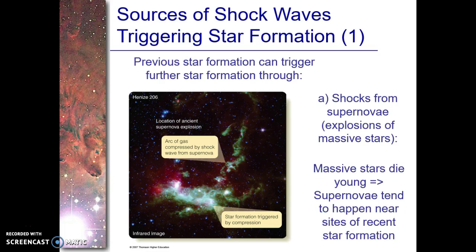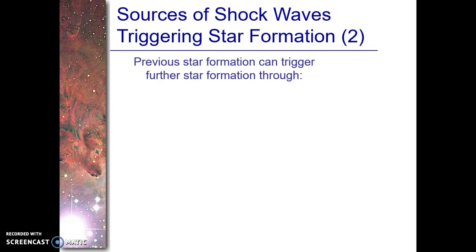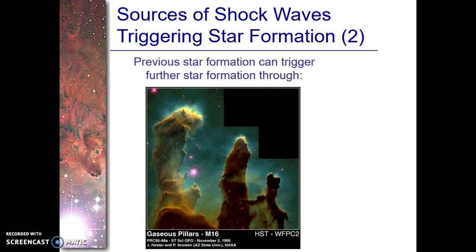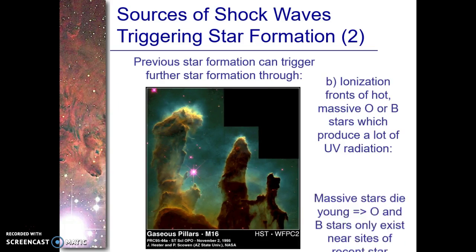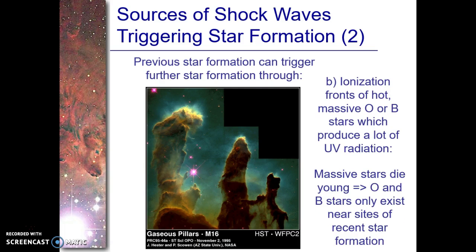So if a really big young star dies, a supernova will send a shock wave through and contract some of the nearby gases. Then there are ionization fronts of hot massive O and B stars. When massive stars die, the O and B stars will be born near where that happened.